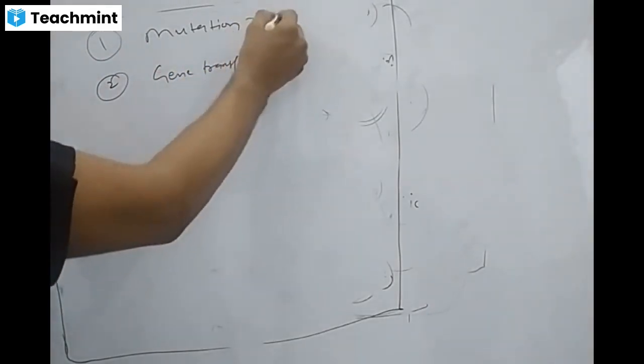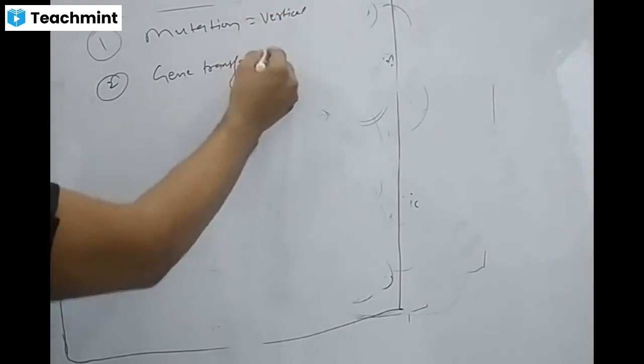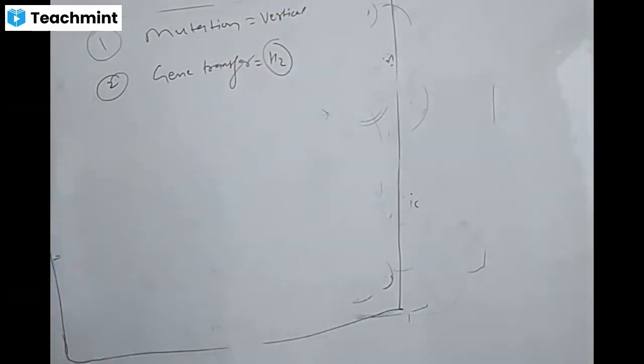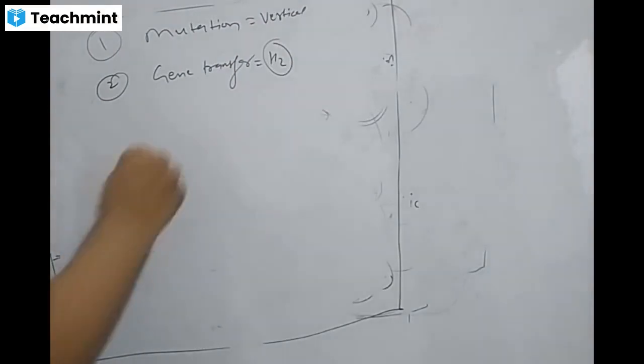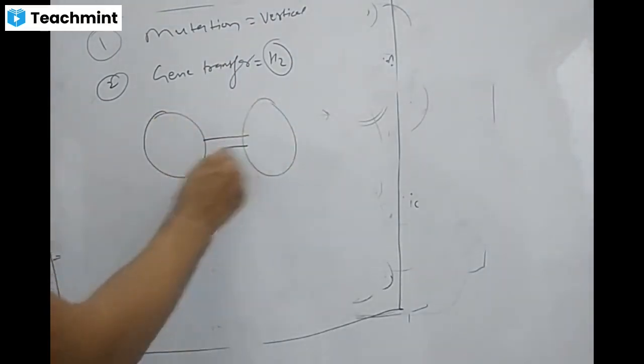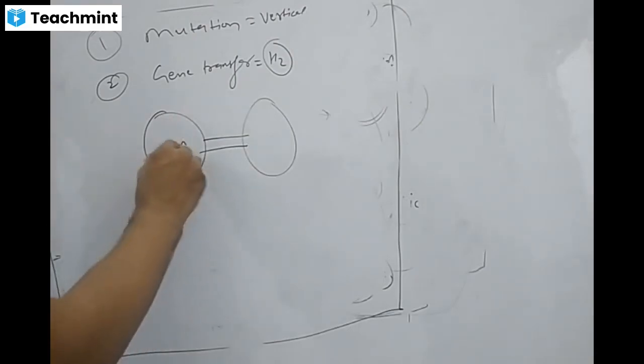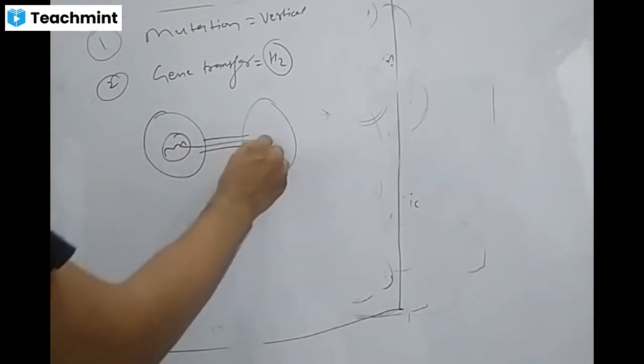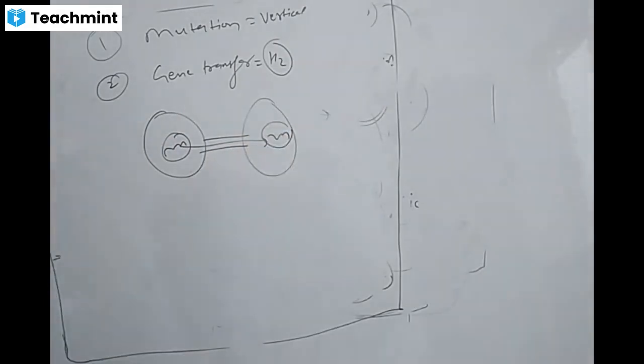This method is vertical and this is horizontal. It means from one bacteria to another bacteria, through a conjugation tube, the resistance gene is directly transferred to the other bacteria. So we call it the horizontal method of gene transfer.